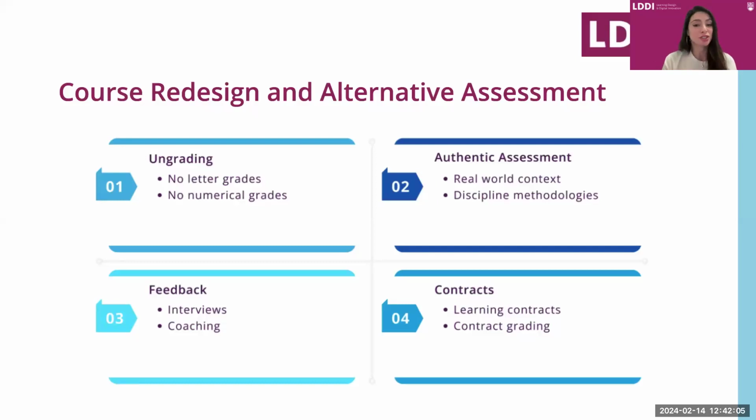But there are also grading contracts that permit students to choose the grade that they hope to achieve at the onset of the course, and then work with the instructor to achieve that goal. So for instance, if a student really wanted to achieve an A in that course, they would have a discussion with you about how they might achieve that A. And if they're submitting B plus work, then having an interview at that point and a discussion about how they might change the things that they're doing to be able to receive that A. And perhaps that could include within that grading contract dropping one of the assignments where they received a poorer grade, or substituting an assignment.